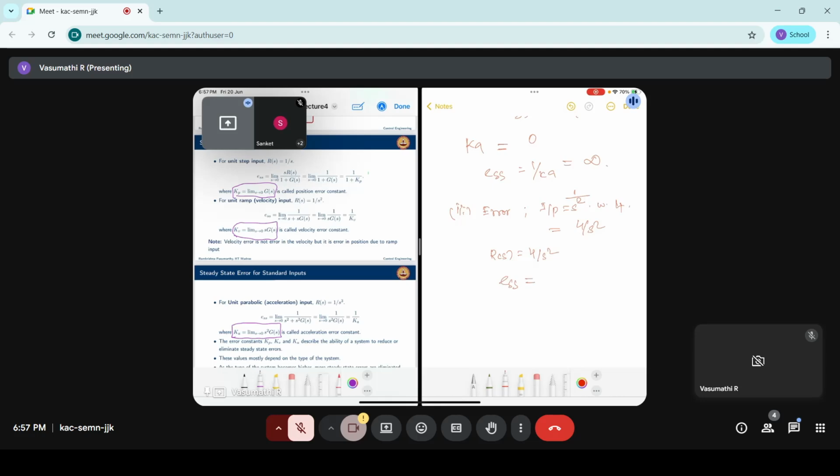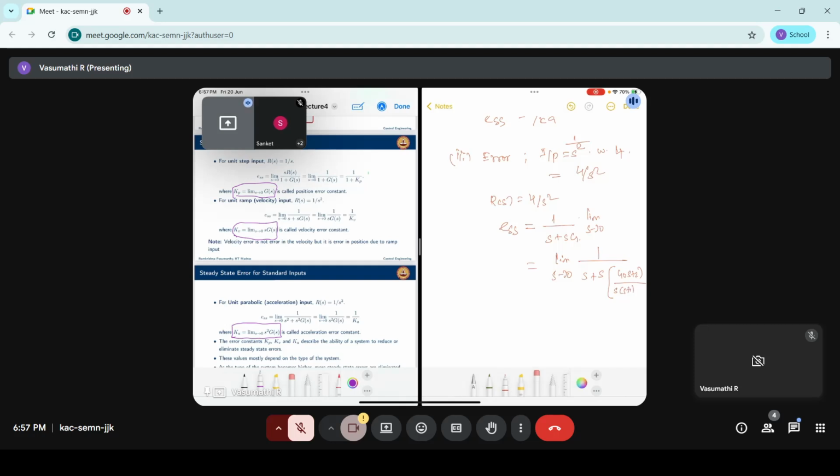E of s is equal to 1 by s plus sG into limit s tends to 0. I have forgotten to put this. And this will be limit s tends to 0, 1 by s into s plus s into 40(s plus 2) by s into (s plus 1). Oh, this is for unit input, right? We cannot use this right away.